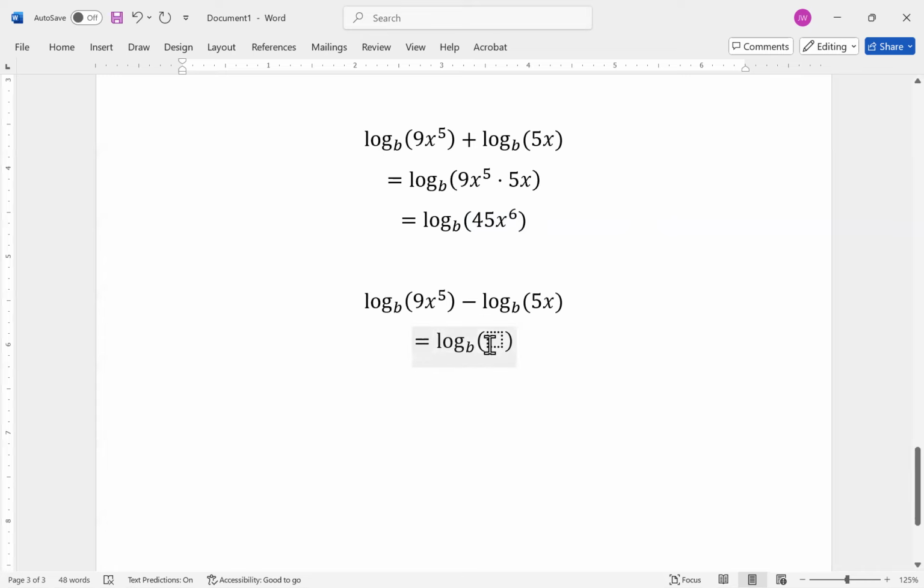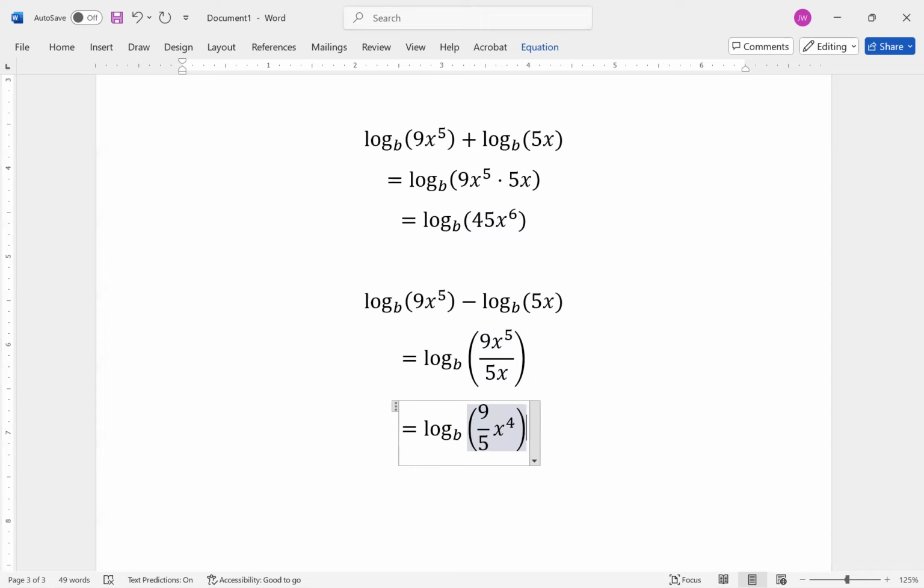In this case, this is going to be the quotient rule because we're subtracting. That means inside this argument, I'd have 9x to the fifth, and I divide that whole thing by 5x. So I get log base b of 9/5 times x to the fourth. If you want to rewrite 9/5, you can.